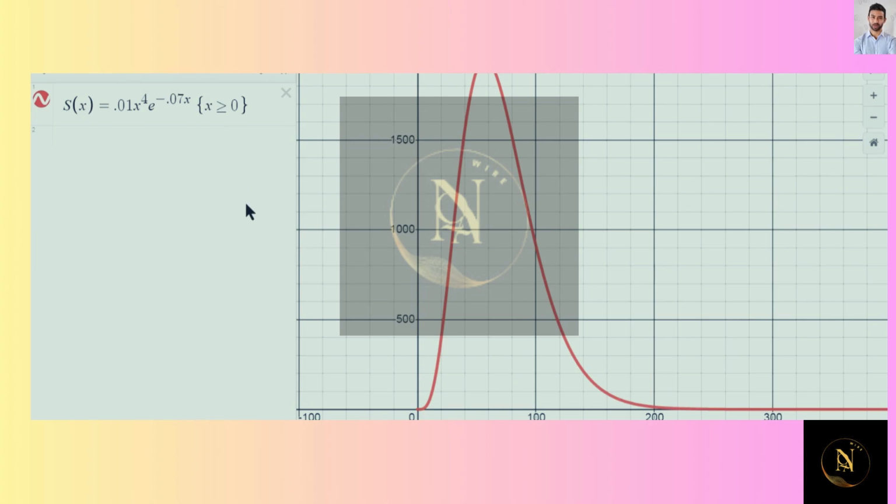The goal here is to estimate the time, which would be the horizontal x-axis, at which inflection points occur. Now, an inflection point occurs when the second derivative of the function is 0.